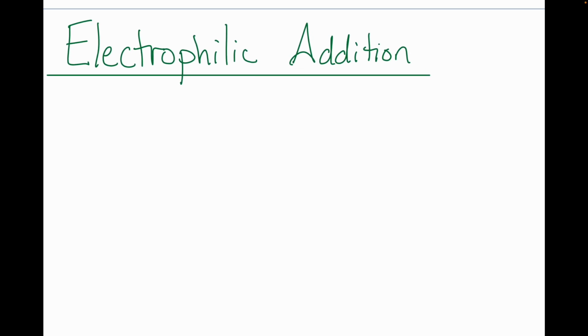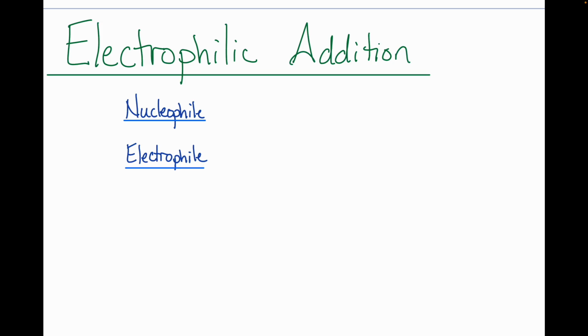Before we jump in, we're going to throw down some vocab that we're going to be using a lot in this course. Nucleophile and electrophile. These are roles that are played in an organic chemistry reaction.